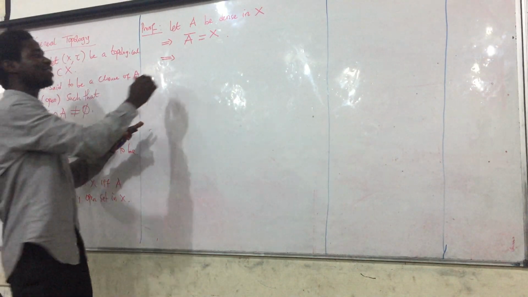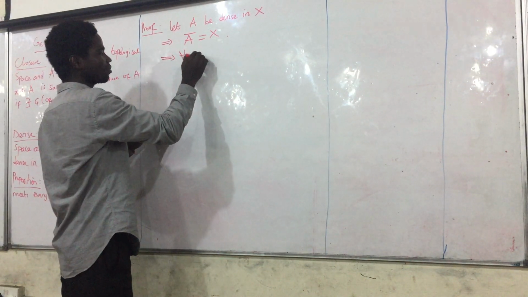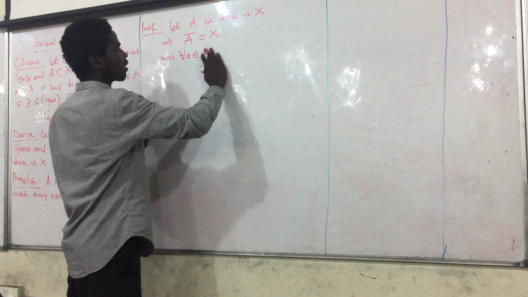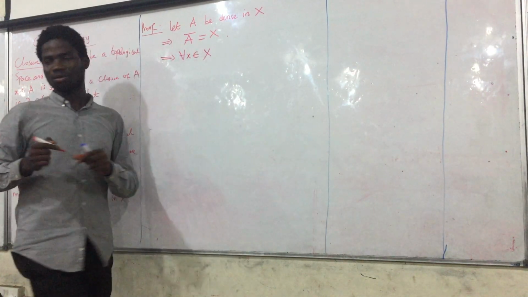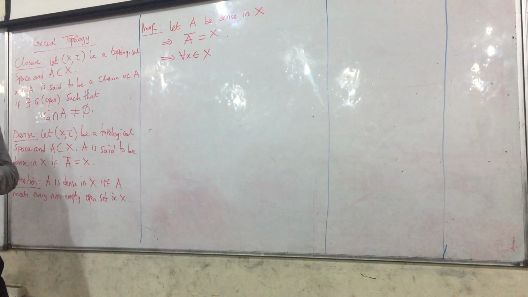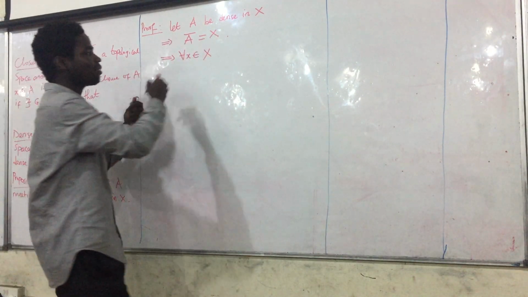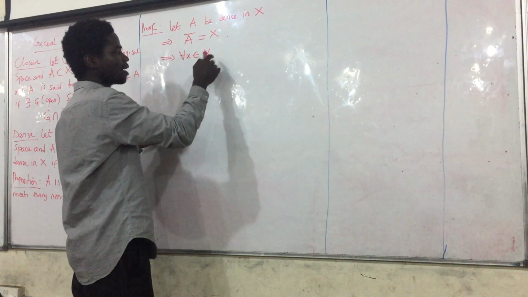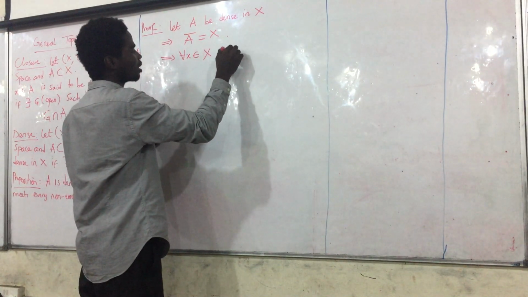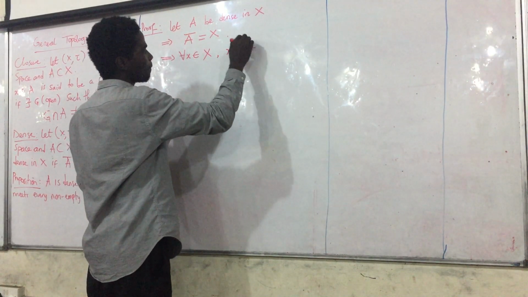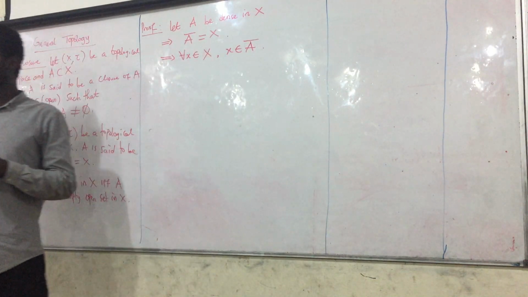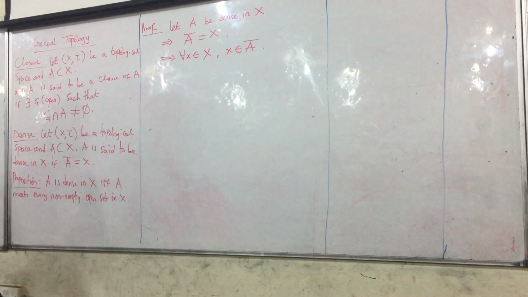It means that every element of X, right? Every element in the space will also be in the closure of A, right?